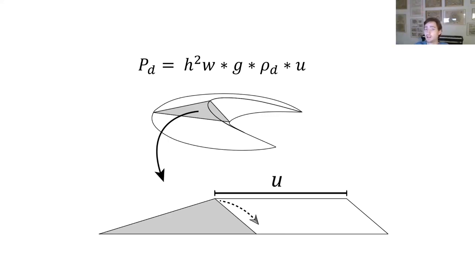By multiplying the gravitational potential energy with the speed, we get energy over time. So we get the power of the dune, which in this context is h squared times the width times the gravitational acceleration times the density of the sediment times the speed at which the dune is moving.